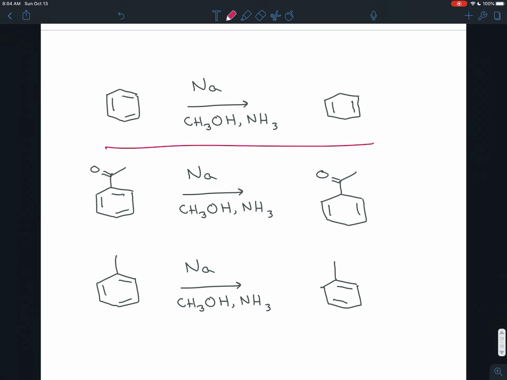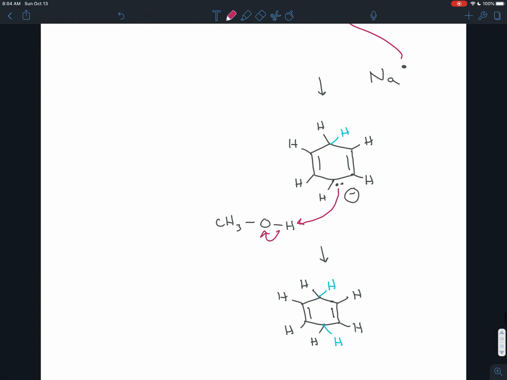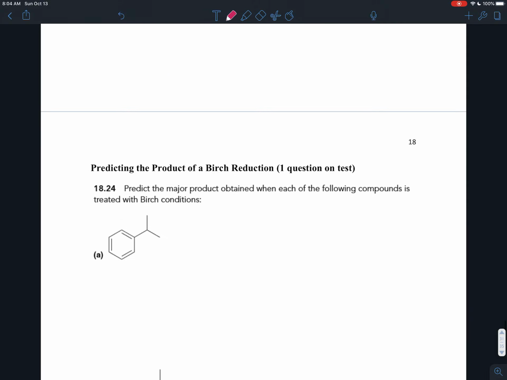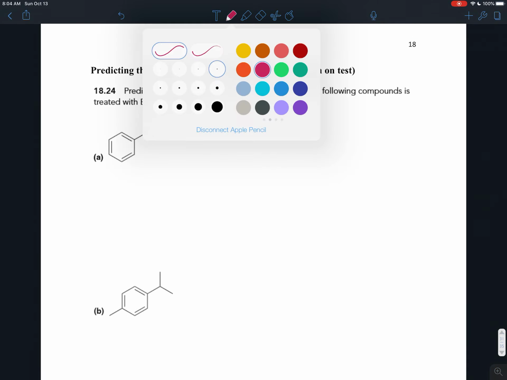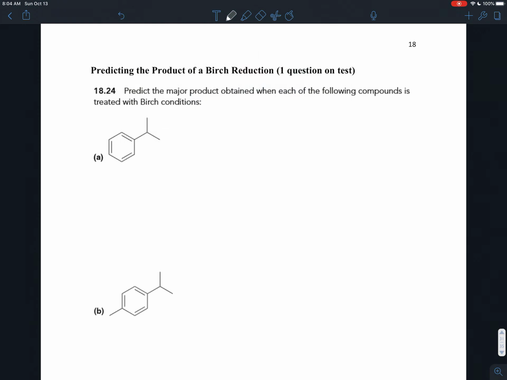So that explains these patterns. First, why this is happening. Second, why you always reduce the carbon that's bonded to an electron withdrawing group, and why you never reduce the carbon that's attached to an electron donating group. So that being said, that long explanation hopefully will make this process much simpler, because they're not asking you to draw the mechanism. They're not even asking you to explain this.